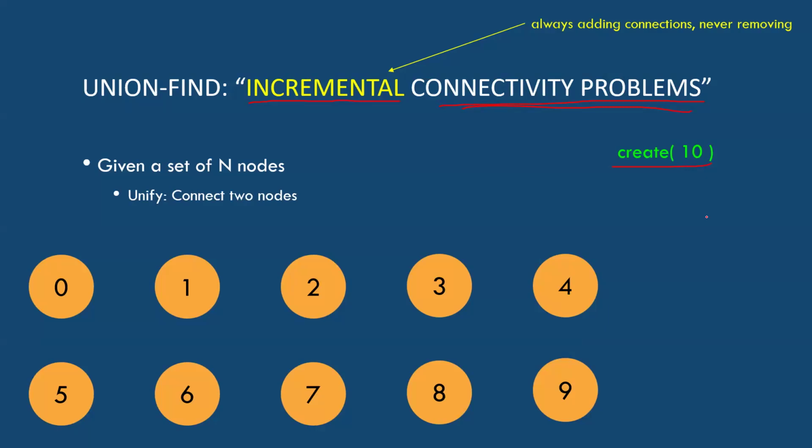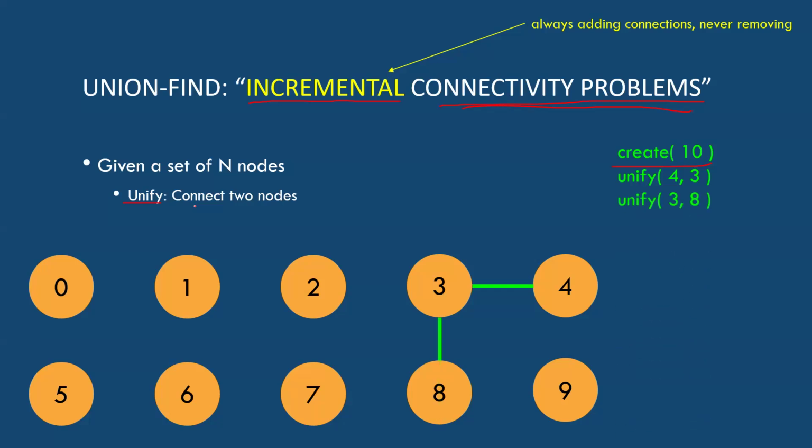So union find is all about unioning things together into these groups or sets. And you can think of it as adding an edge, right? So if I unify 4 and 3, that's really like having an edge between 4 and 3, okay? But all I'm really going to do is put them in a group together, okay?